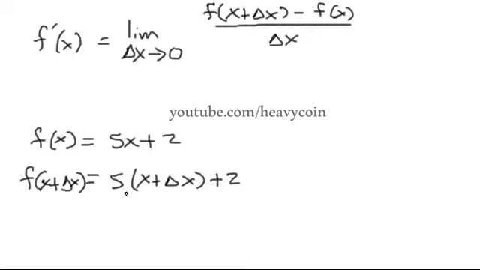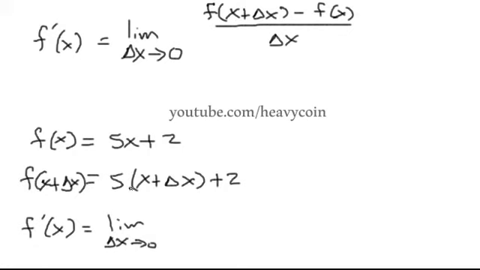Actually, you know what, I'll just go ahead and write the whole thing. f prime of x is equal to the limit of delta x approaching 0.